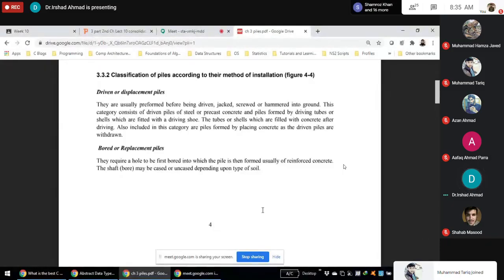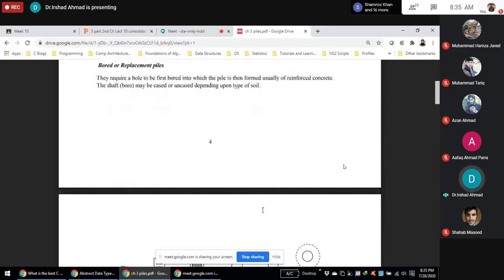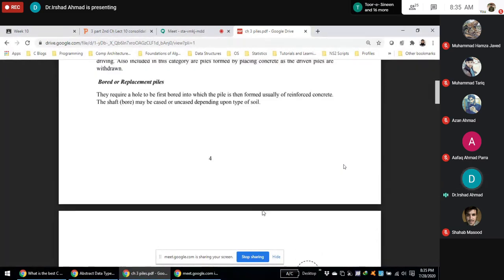The other type, which is more common in Pakistan, are called board or replacement piles. Okay? What happens in a board or replacement pile?